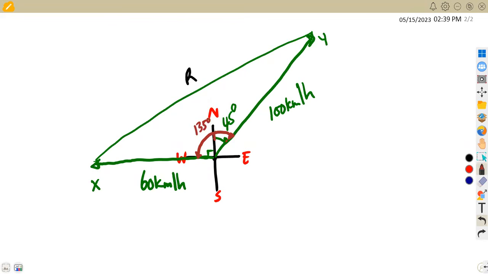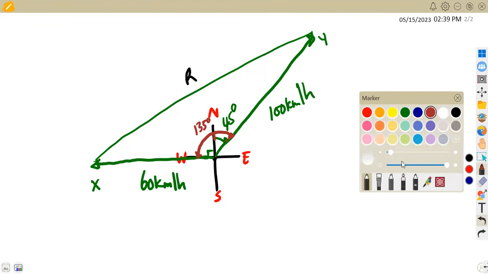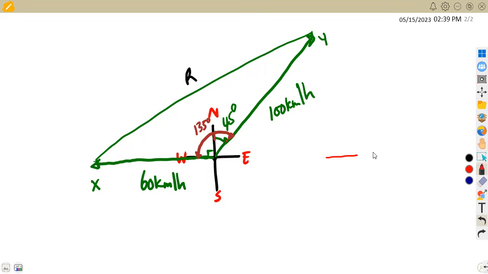In actual sense, you're presenting a triangle of this nature. We are simply back to solving triangles, where you are given a triangle with two sides 60 and 100, and the angle 135 degrees. You want to calculate this side, which is your resultant, and you want to calculate this angle, which you might call alpha.